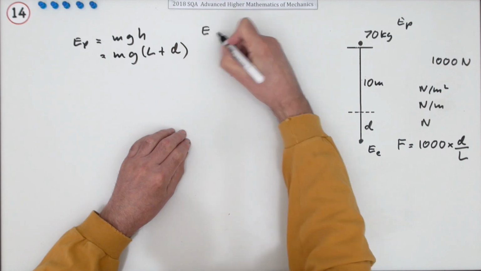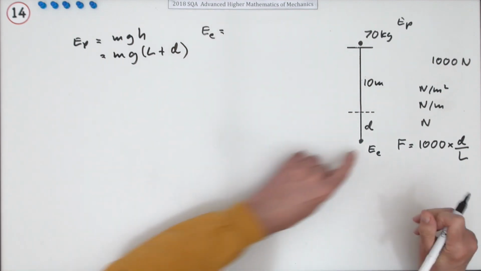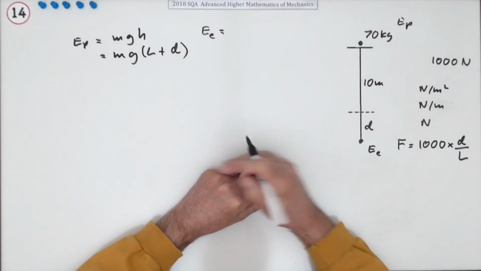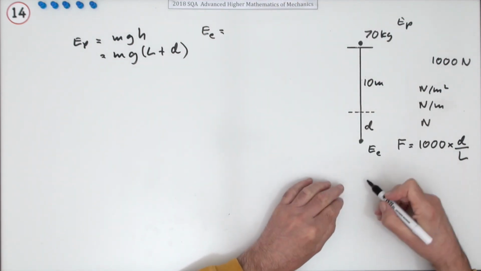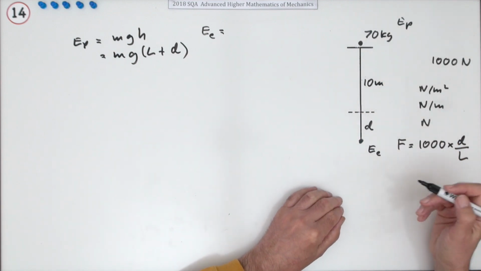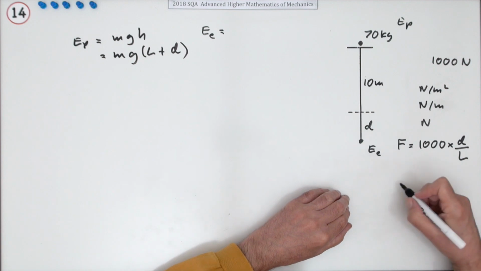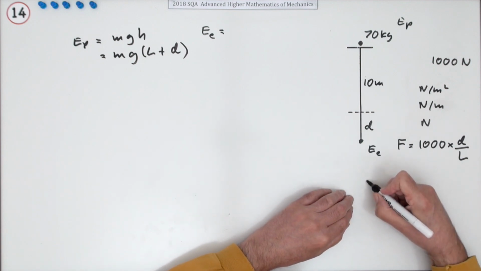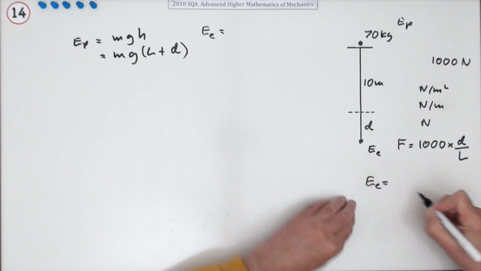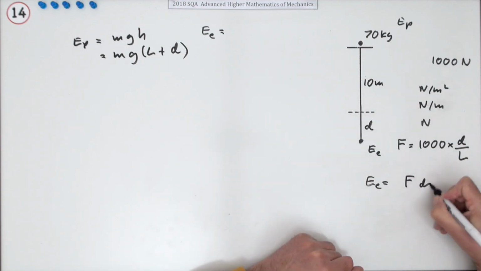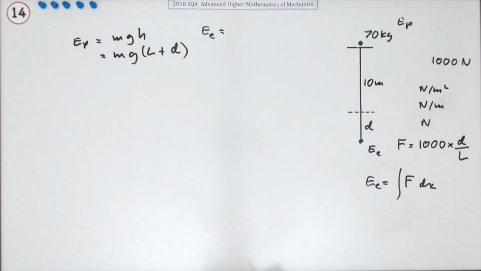Now, the final energy will be the energy stored in the elastic cord when it's fully stretched. Well, the way you could work that out is by how much work would you have to do to stretch it, because that work then is what's been put in as its internal energy. That internal energy would be, you'd have to add up the force times the distance, but it's variable, so it'll be the integral of F dx.